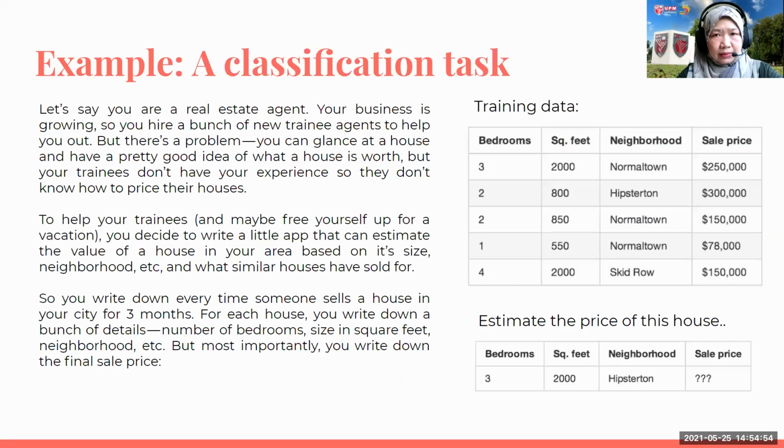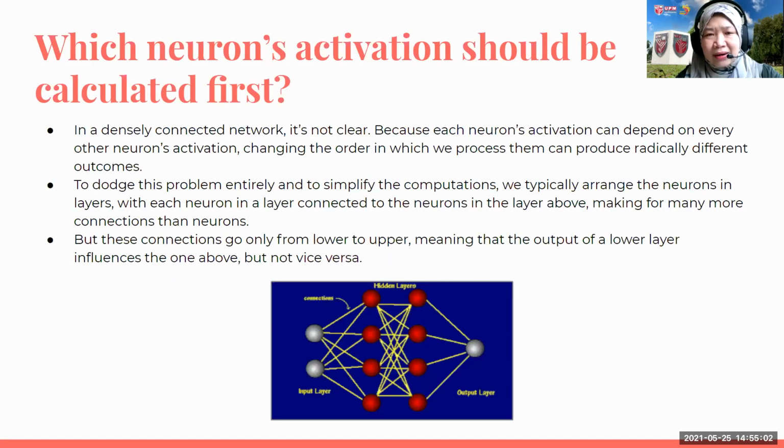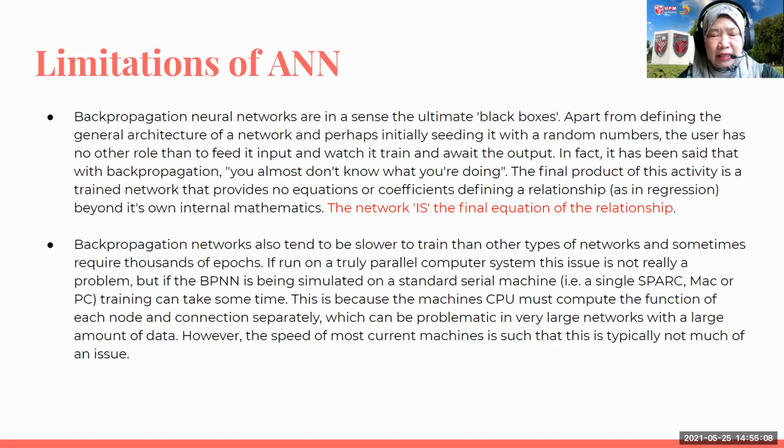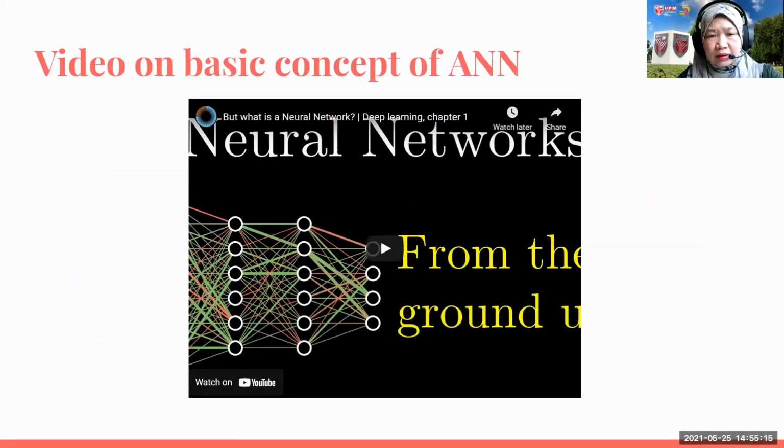I think basically that's the idea of a neural network. Those are the components that you have to know. Limitations, probably you can read this yourself. I also include a video with a better explanation, maybe if you need it.